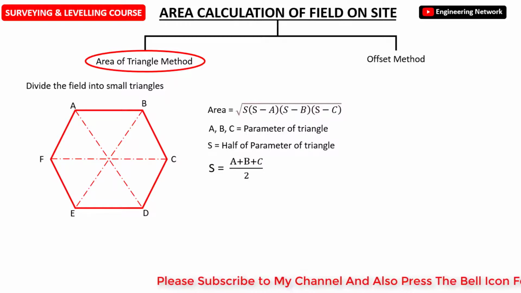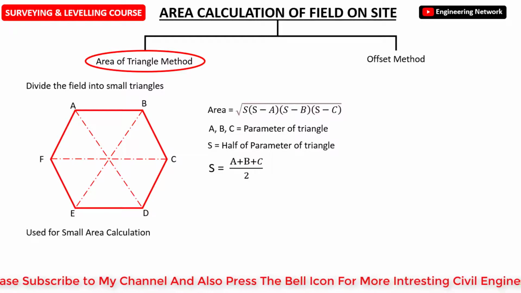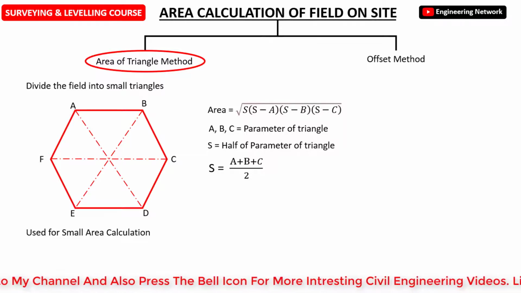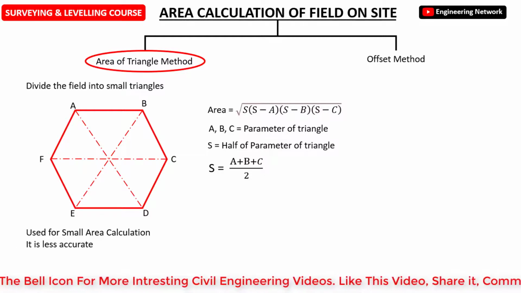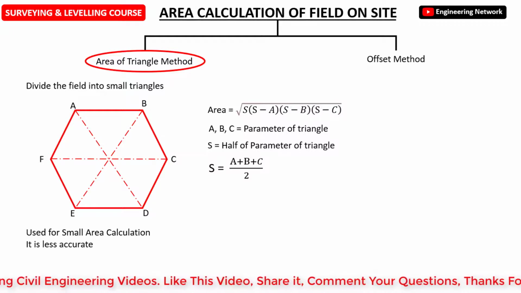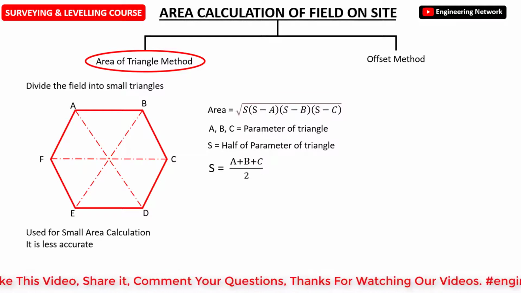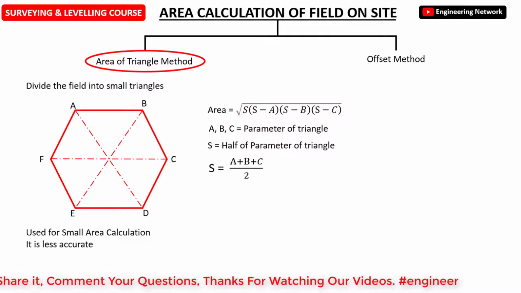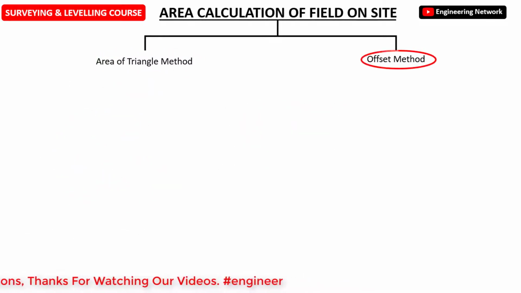Also, this area of triangle method is used for small area calculation and it is less accurate. So whenever you face a small area field, you can use this area of triangle method in order to calculate its area.